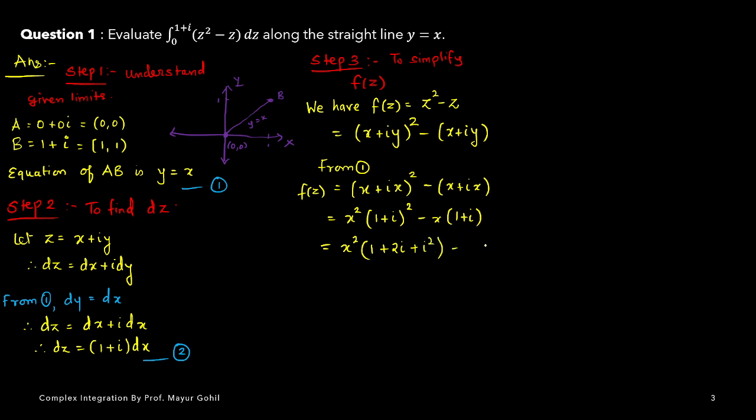Then here it is x into 1 plus i. So this gives us x squared times 1 plus 2i minus 1, minus x into 1 plus i. On simplification, I get x squared into 2i, minus x into 1 plus i.